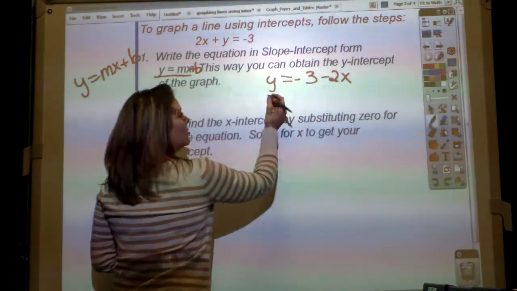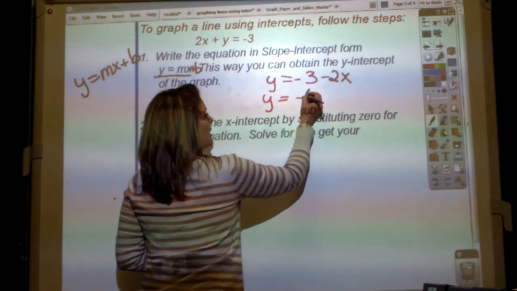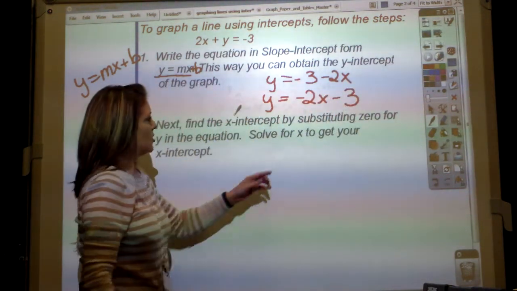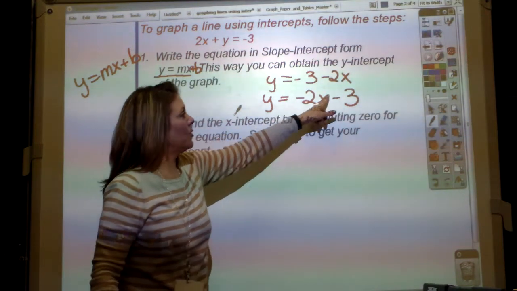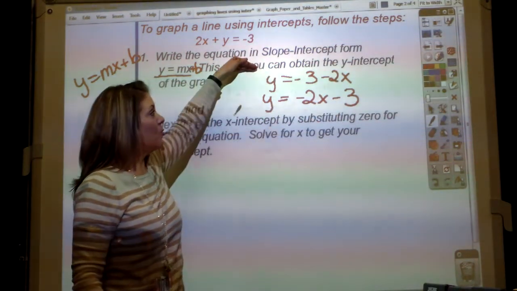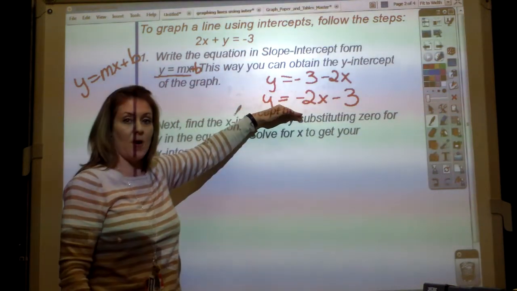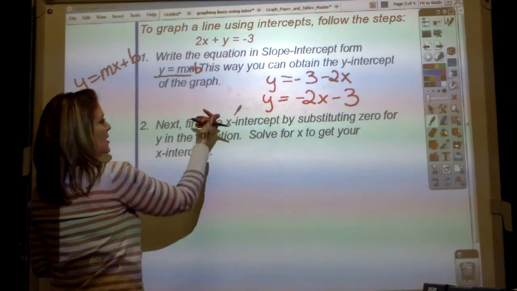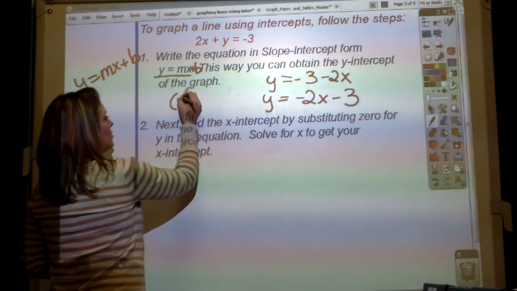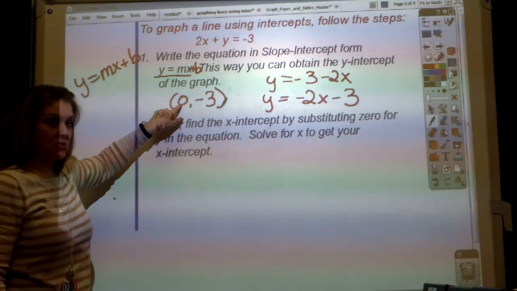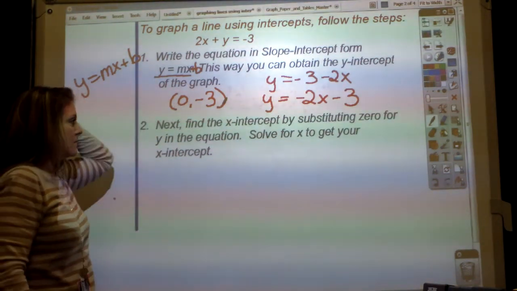Now remember, you can also write that as y equals -2x minus 3. That means our slope is -2 and our y-intercept is -3. So we know the y-intercept straight from the slope-intercept equation. So the y-intercept is going to be 0, -3. Remember, a y-intercept, the x-coordinate is always 0.